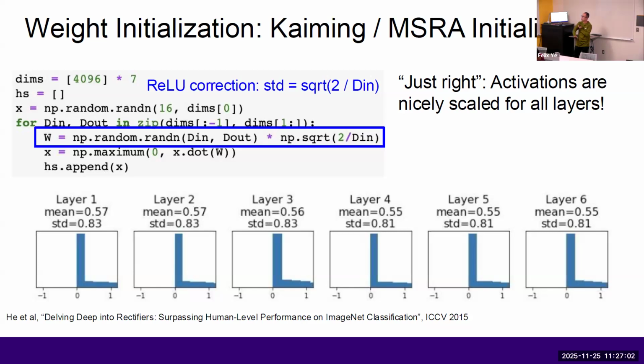You do a similar analysis, but you have to assume everything is non-negative. So instead of square root of 1 over D_in, you have square root of 2 over D_in. That does a much better job for ReLU activation functions.